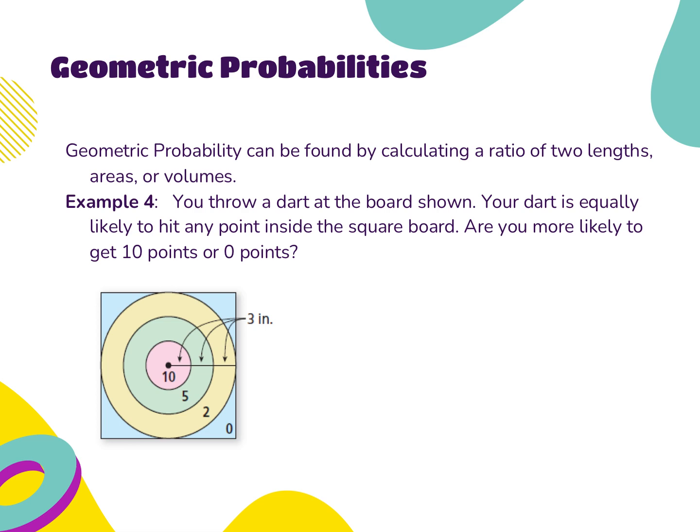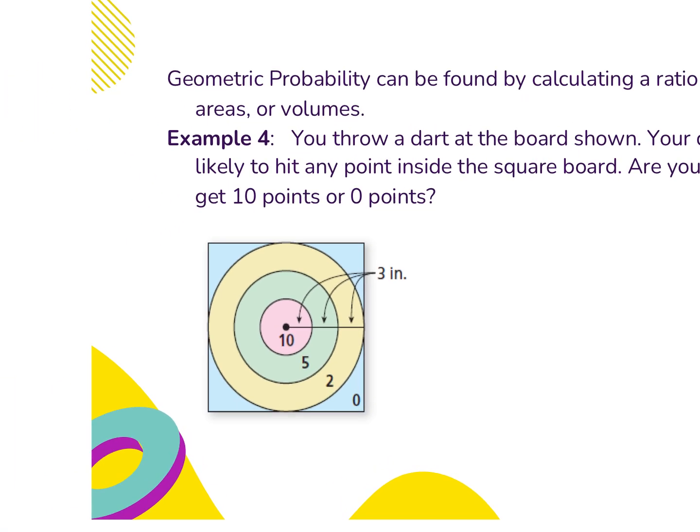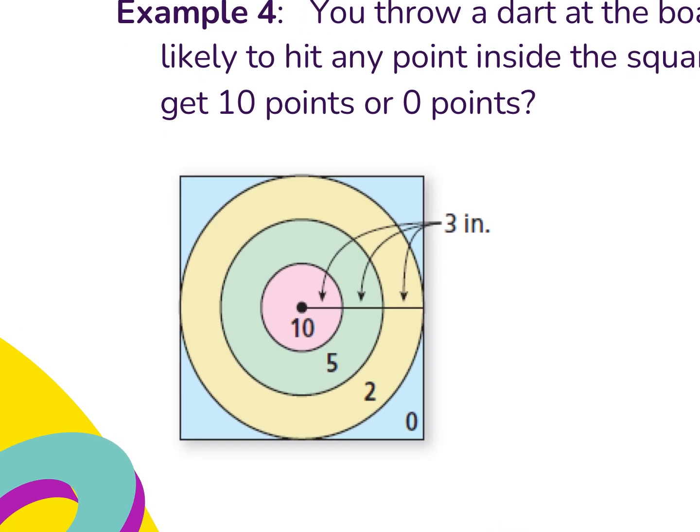So if you notice here, each one of these radii of the circle, each piece of it. So for the red circle, notice the arrow that's pointing here. This radius has a length of 3. And then this little segment would also be 3. And then this one is also 3.